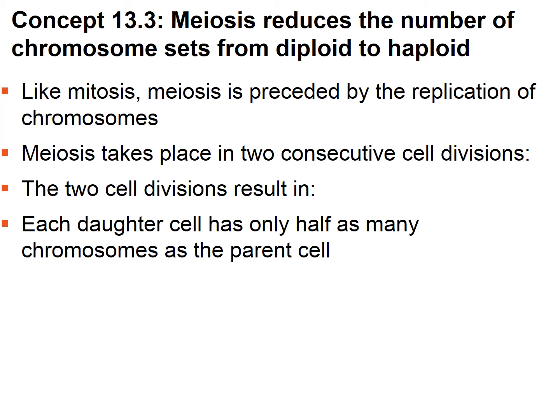These two cell divisions result in 4 daughter cells. So with mitosis, that ended after cytokinesis with 1 division. That's why we had 2 cells as a result of mitosis. In meiosis, there's 2 consecutive cell divisions, which is why we end up with 4 cells, and we call these cells daughter cells. Now these daughter cells only have half as many chromosomes as the parent cell, so the daughter cells are haploid.